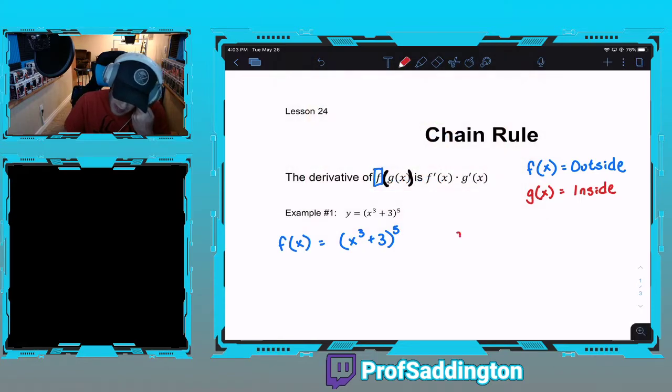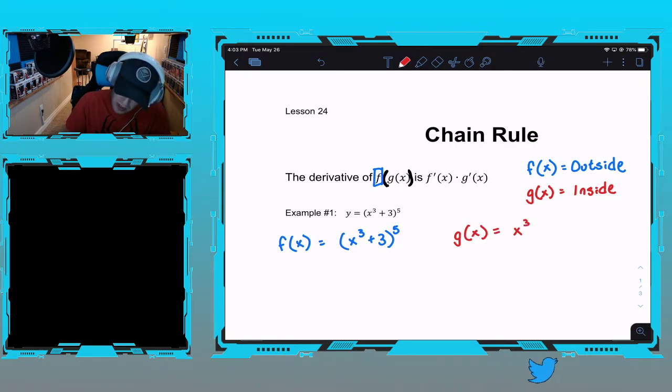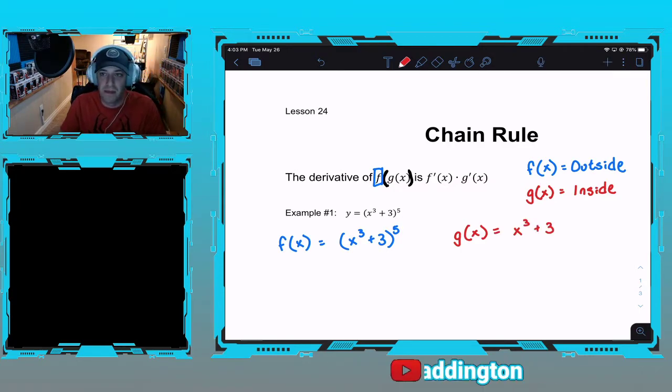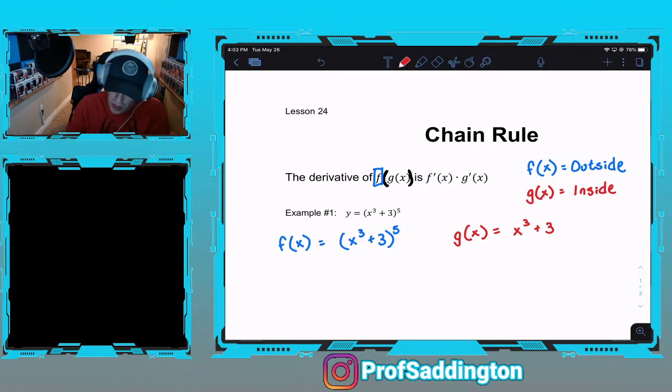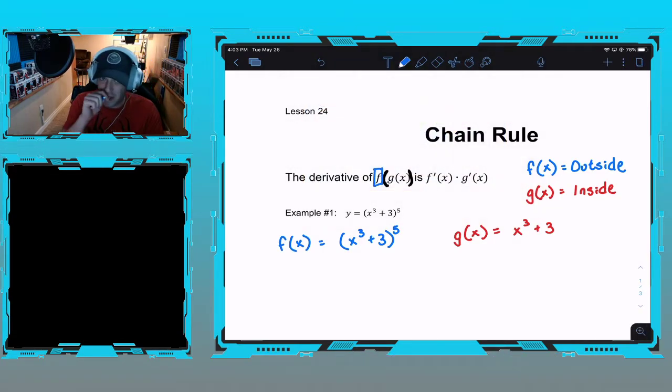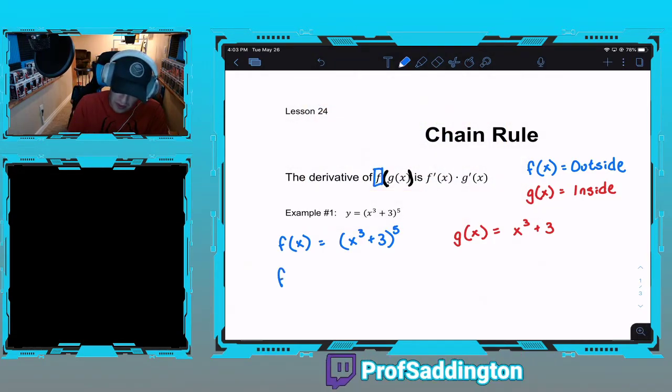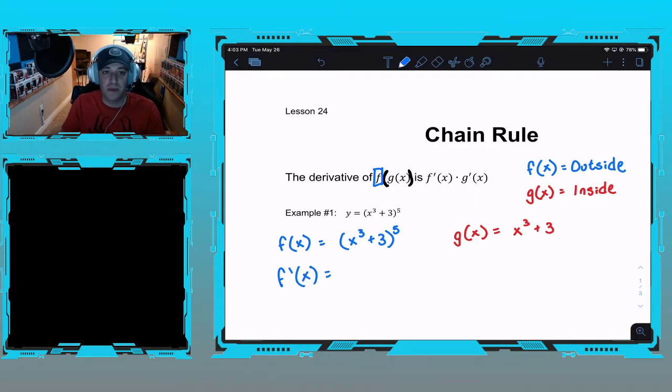And the g of x is only going to be represented by the inside of those parentheses, which is x cubed plus 3. So just like last time, I'm going to find the derivative of both of those. This blue one, we haven't really done much of these with derivatives, but I'm going to show you guys it's identical to what we've been doing.